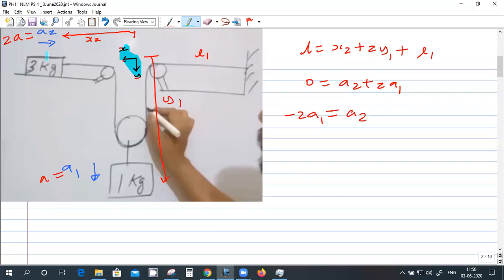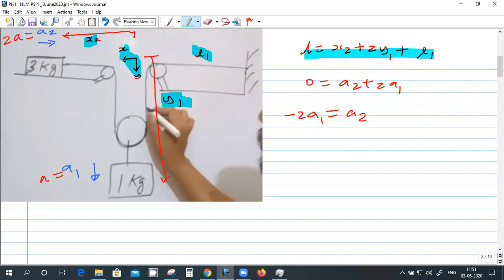So the position of this 3 kg is x2, and the position of this 1 kg block is y1. They are in different directions. The length of the string is x2 plus 2y1 plus this length l1. Is that clear?